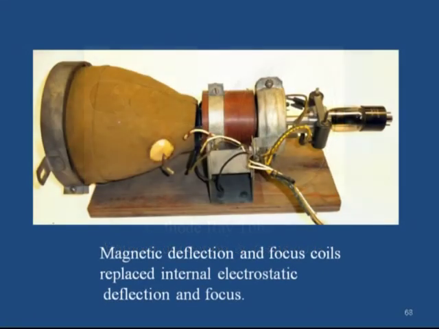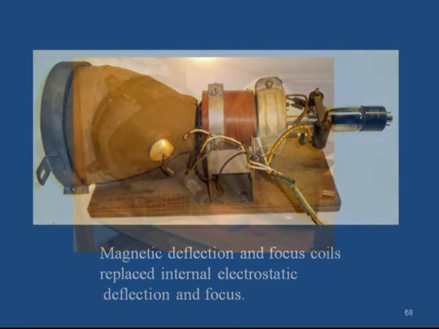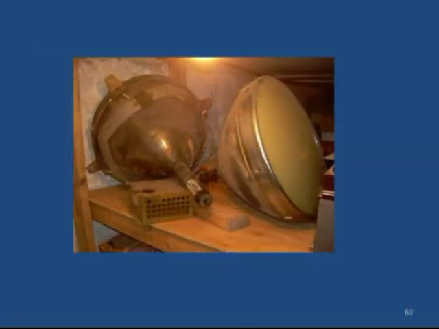So you see here now is a cathode ray tube with a deflection coil and focus coil. And basically, this stayed the same until the very end of television picture tubes. Different sizes. Now here's an early television pickup tube.